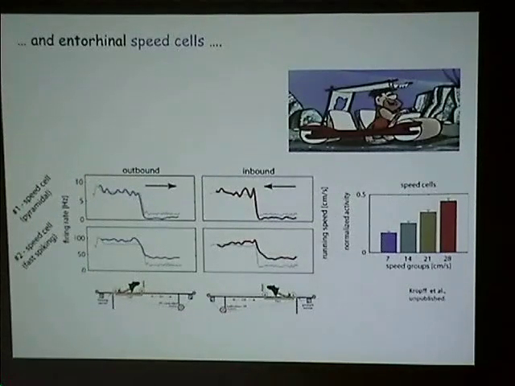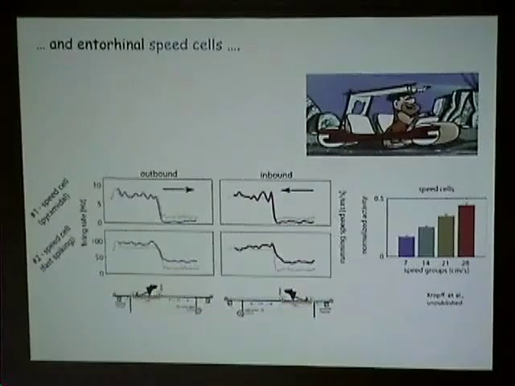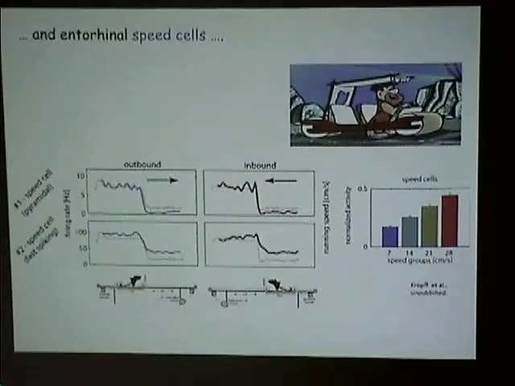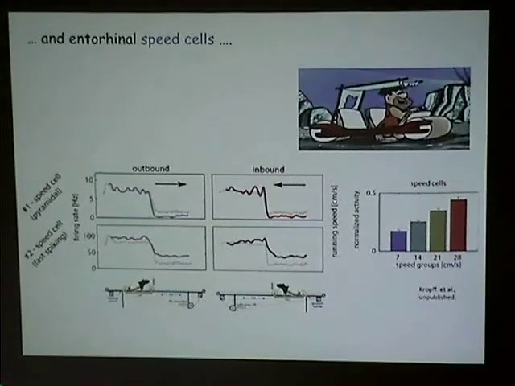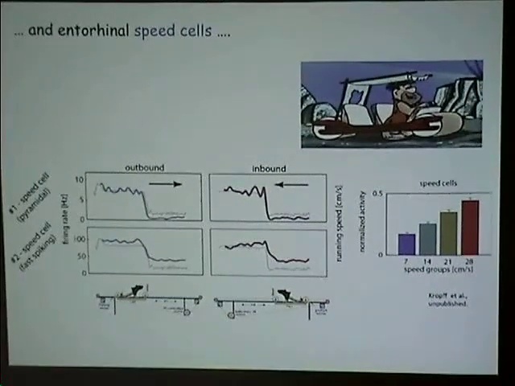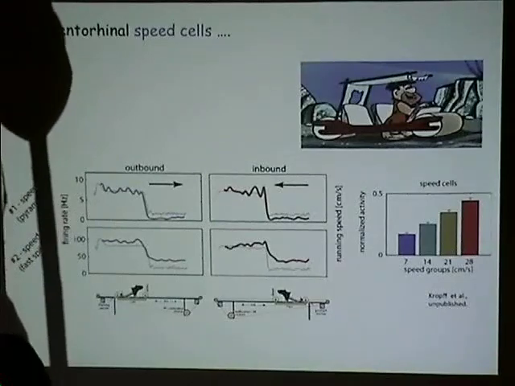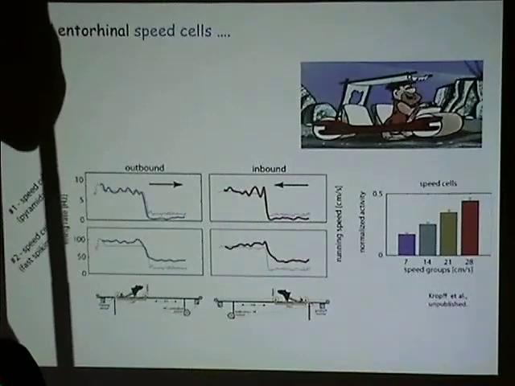There's been a lot of work on that very recently, especially a paper by Varga et al. from Ivan Soltesz's group, which suggests that there are at least 2 classes of layer 2 cells. It's the reelin positive cells that project into the hippocampus, and then there are reelin negative, calbindin positive pyramidal cells that project elsewhere. So it's not obvious which cells actually project into the hippocampus, but not unlikely more than just the grid cells that I mentioned in the beginning.